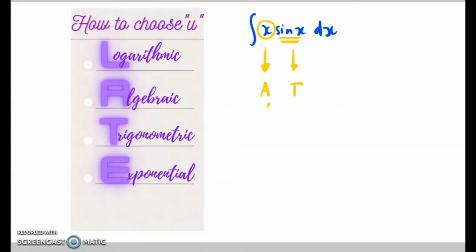So we have an A and a T, and based on LATE, A appears first, right? Before T. So this A here, the algebraic one, the x, is the one that we will choose as u. And of course, the remaining will be your dv, because we want this to be written as the integral u dv.